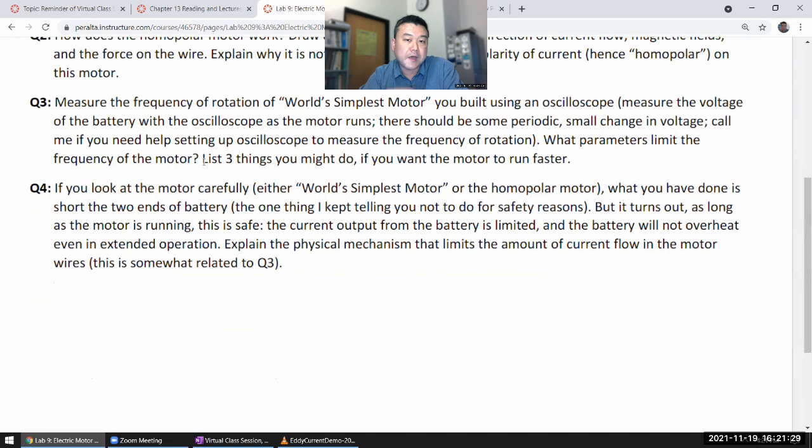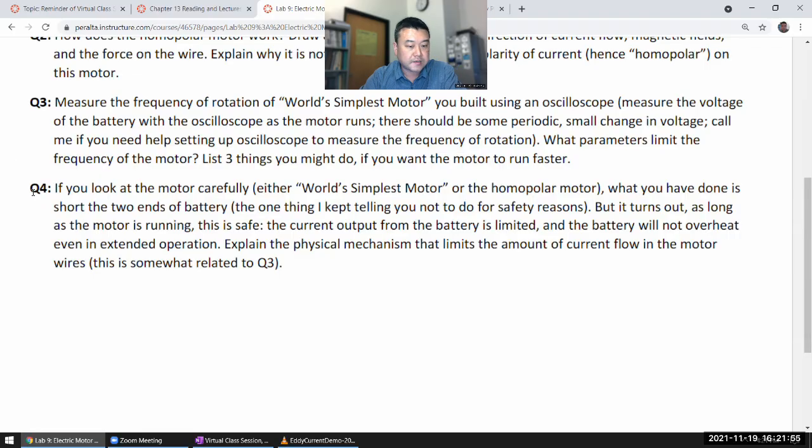In the lab, as you do the experiment, you would find that it's the voltage that determines the turning speed of the motor. If you increase the voltage, it turns faster. If you decrease the voltage, it turns slower. That connection can be explained best using Faraday's law.